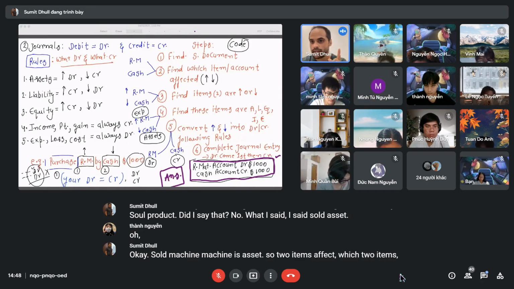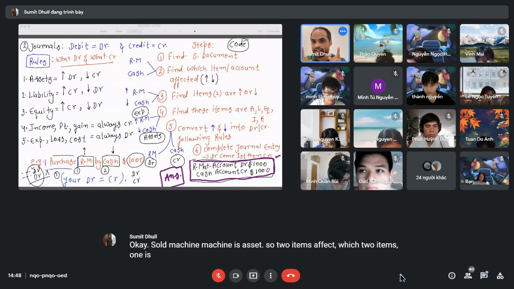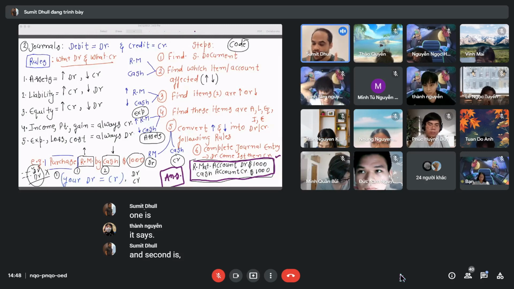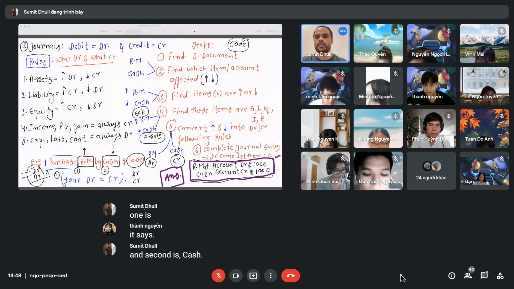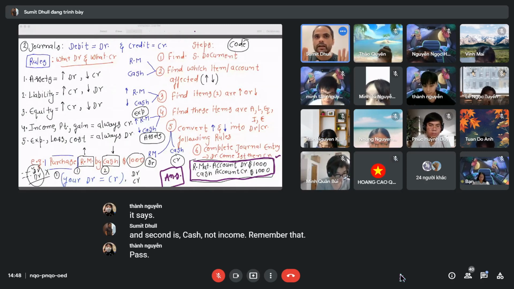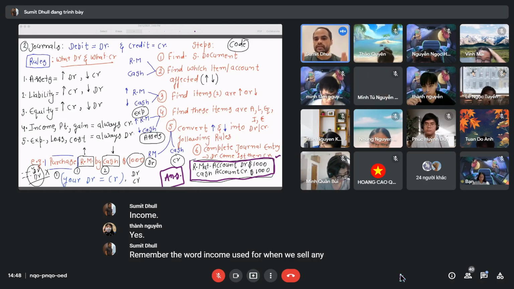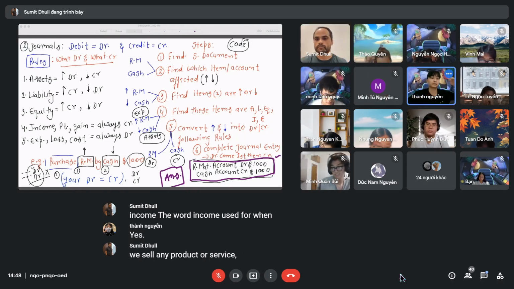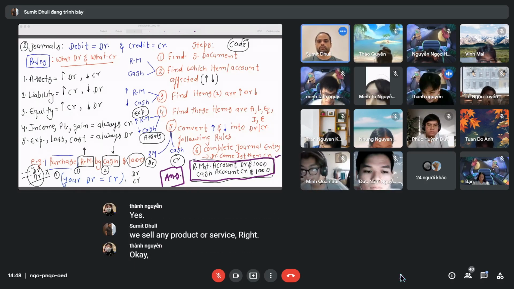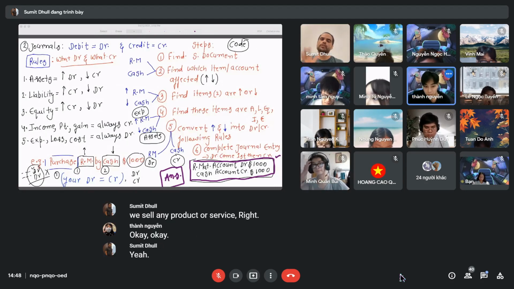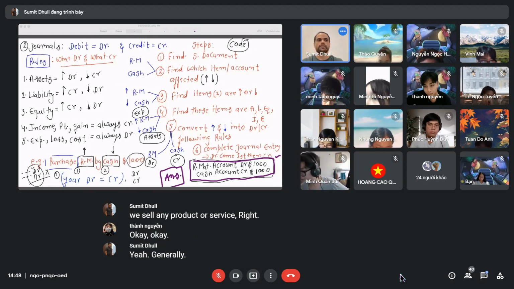One is asset, and the second is cash, not income. Remember that. The word income is used when we sell any product or service. All right. Okay. Generally when we sell product and service.